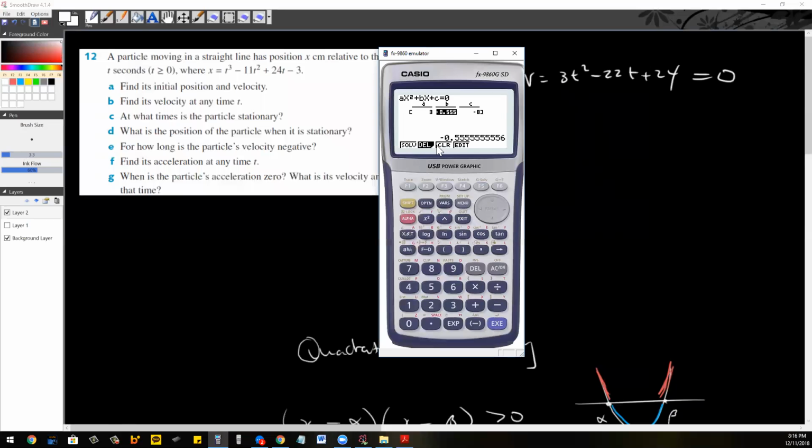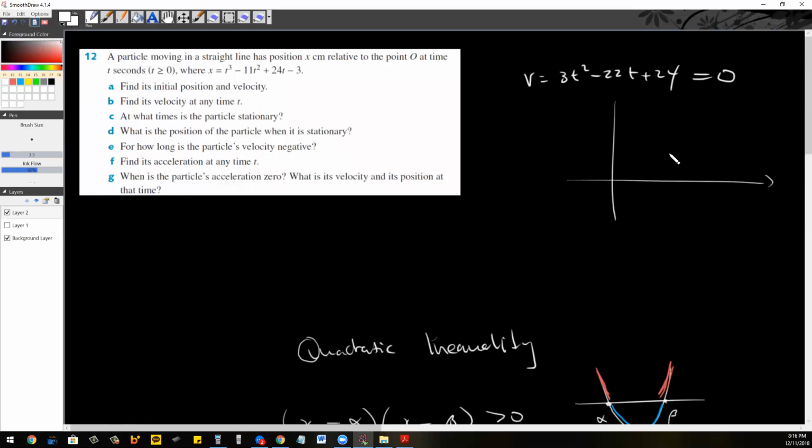Just type 3, minus 22, 24. Solve. We get 6 and 4 and 3. So this one factorizes into (3t minus 4) times (t minus 6).